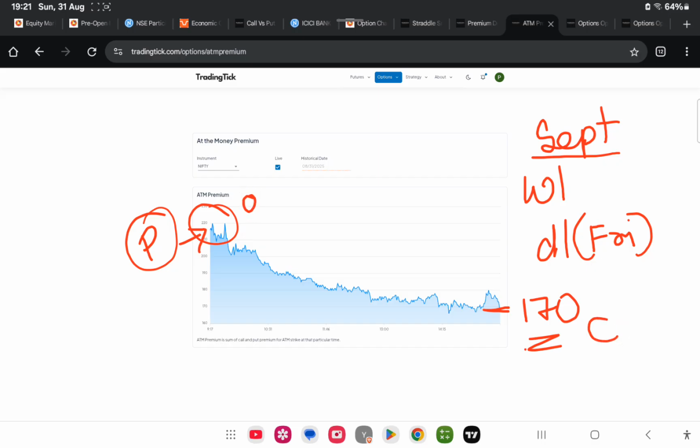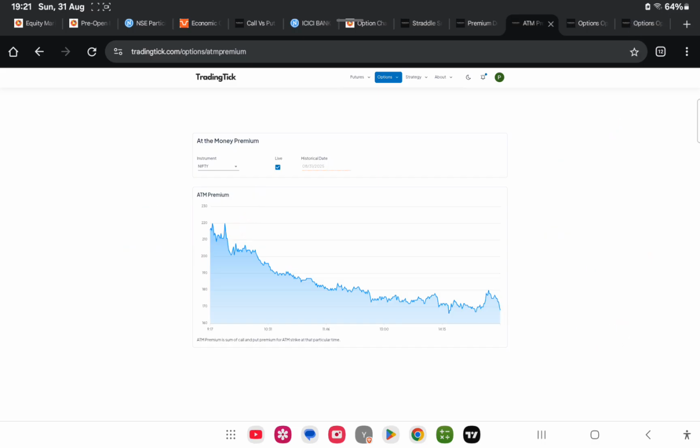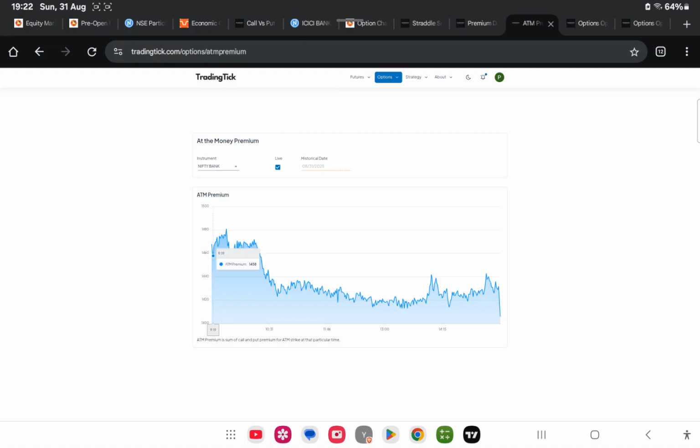This is pretty good for a start on Friday for monthly expiry and weekly expiry. Bank Nifty on the other hand, you could see from 1500 to almost 100 points decay. This is also a very good start. Since the decay in the first half of the month is a bit slow, you can check the difference.